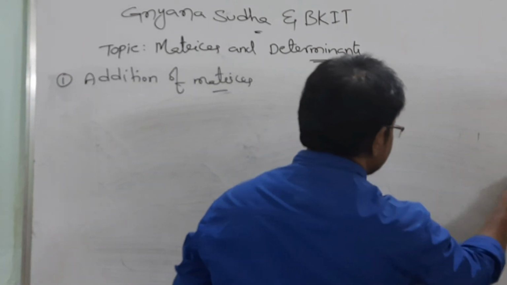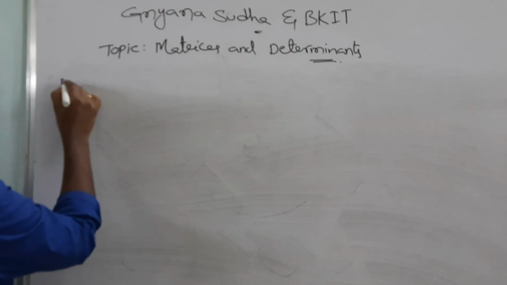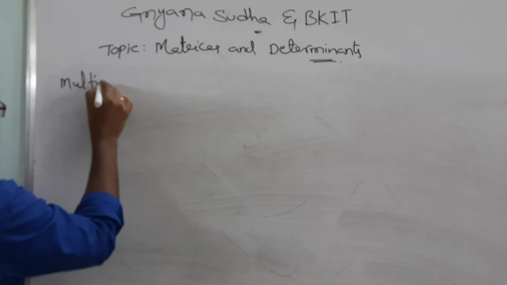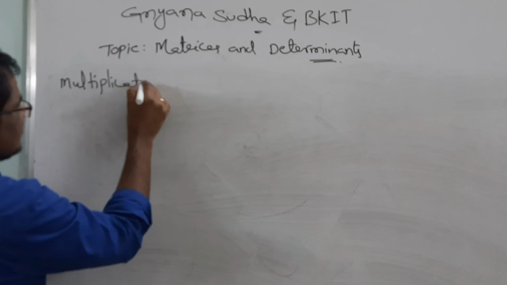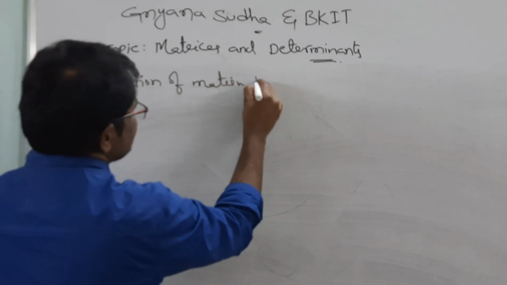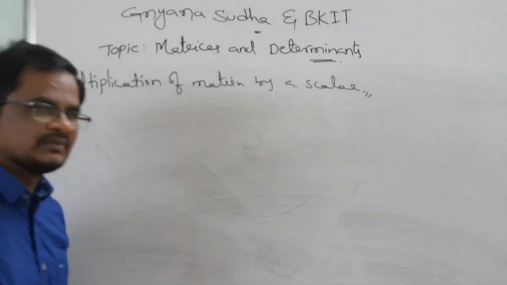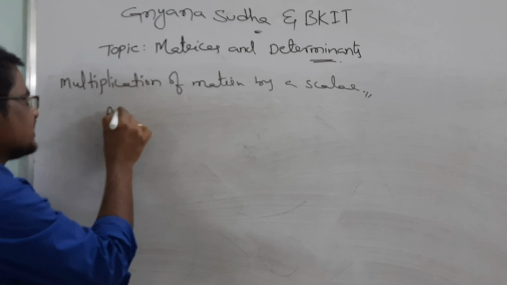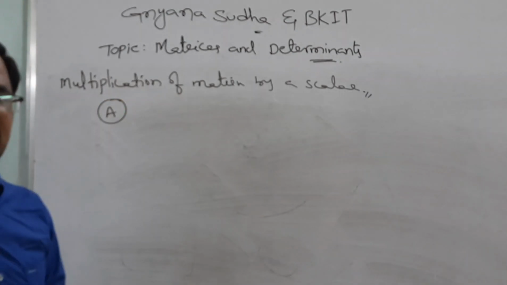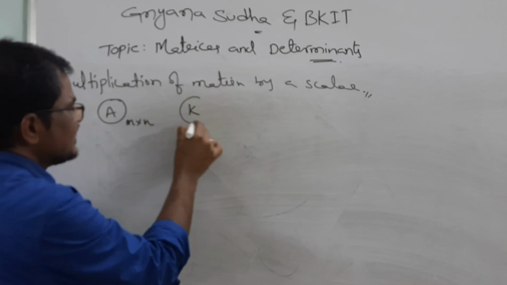So next, multiplication of a matrix by a scalar. Multiplication of a matrix by a scalar means, suppose A is any matrix of order m by n, and K is any scalar.